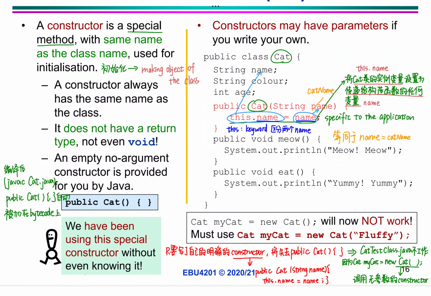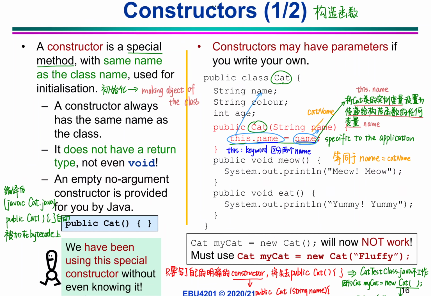An empty no-argument constructor is provided by Java. Empty no-argument constructor, no return, nothing, just public. This is the traditional expression of this syntax, and we have been using the special constructor without even knowing it.